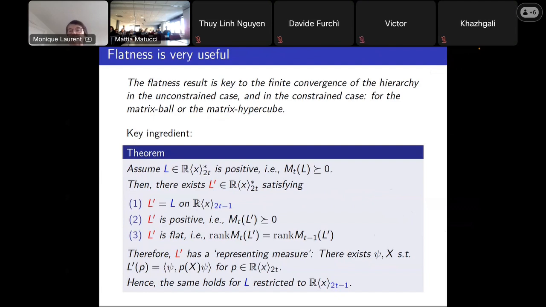And in the same order of questions, is there something similar to the boundary condition to get exactness? The situation is way more complicated, but there are a number of recent papers about extending the optimality conditions. Maybe here I ask again Victor if he has a better answer.